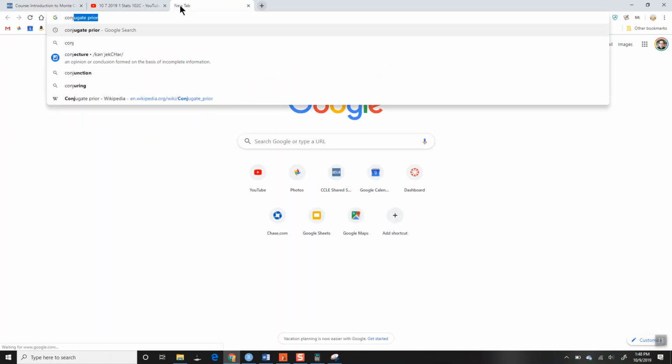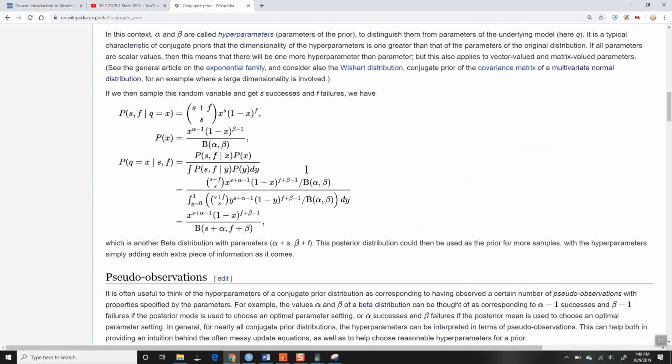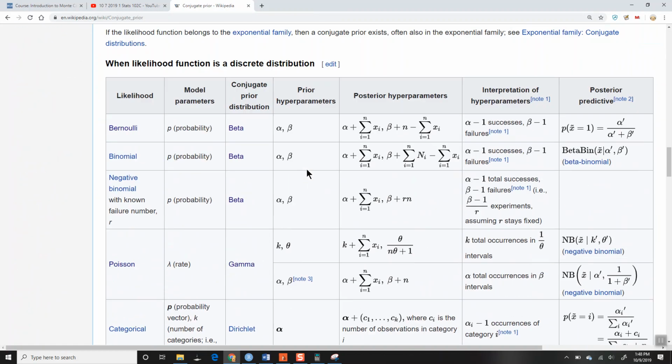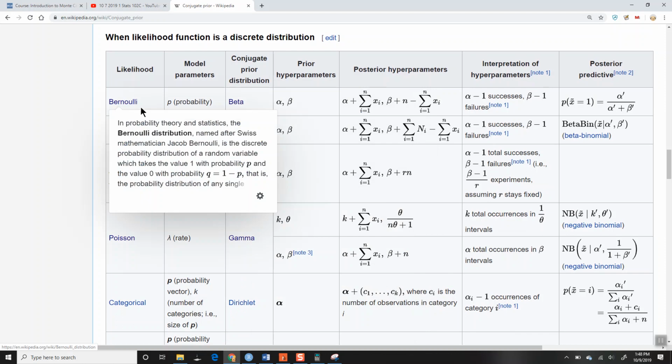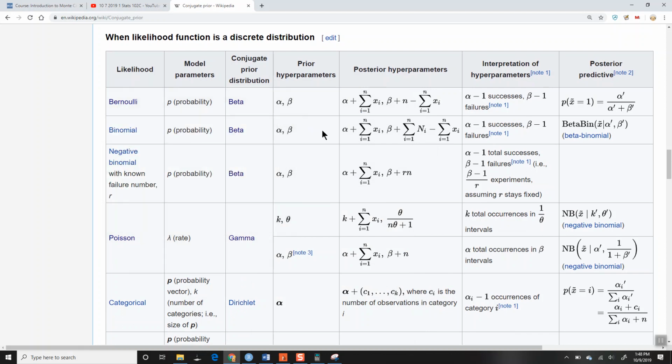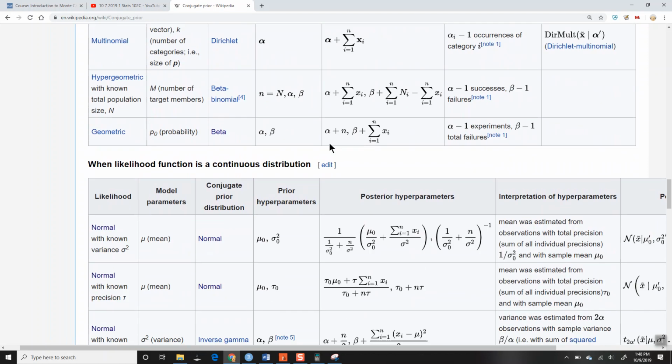If you've got a conjugate prior, the math is set up in such a way that the posterior distribution will have a nice form. So in any of these situations, you have a beta prior and a Bernoulli likelihood, or a beta prior and binomial likelihood, the posterior distribution will still be a beta distribution.